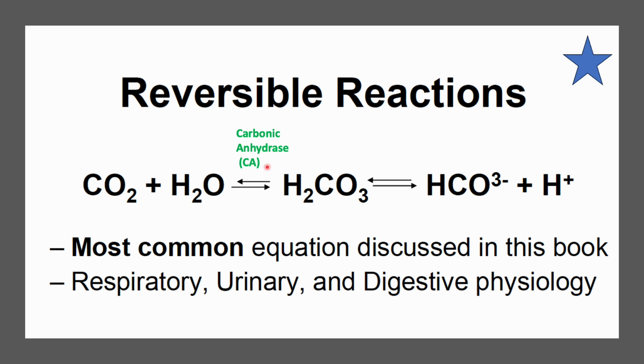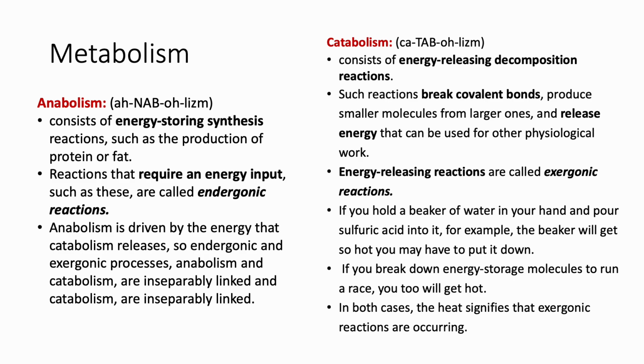And this first reaction is catalyzed by the enzyme carbonic anhydrase. If there is no carbonic anhydrase, this first step cannot occur. Is there carbonic anhydrase in the other step? No. Only in that step. And this again is a reversible reaction. That's why it has a double arrow, so it can occur in either direction. So when we get to the respiratory system, urinary system, and digestive system, you will go through this equation over and over again.